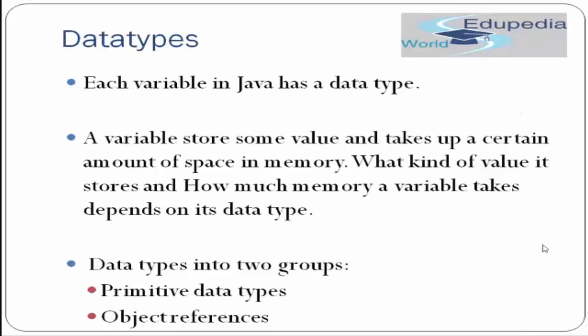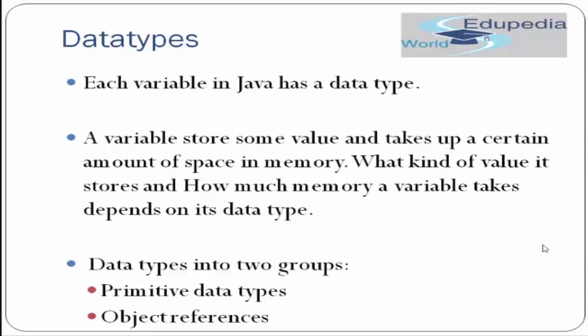Now, what are data types? Each variable in Java has a data type. A variable is always of some data type. It could be an int variable or a char variable or a boolean variable. A variable stores some value and takes up a certain amount of space. What kind of value it stores and how much memory it takes up depends totally on its data type.